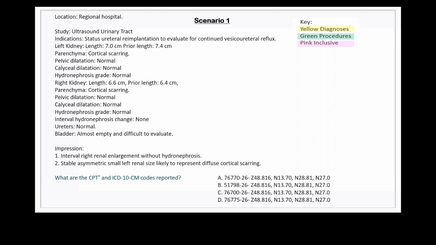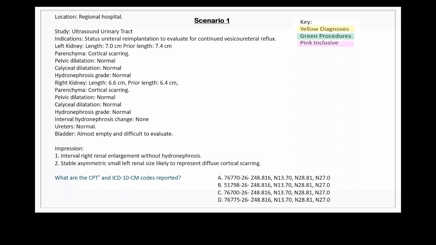Study: ultrasound, urinary tract. Indications: status post ureteral reimplantation to evaluate for continued vesicoureteral reflux. Left kidney length 7.0 centimeters, prior length 7.4 centimeters.